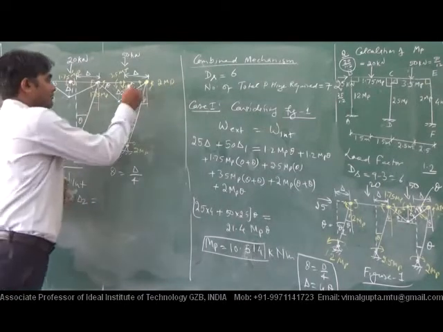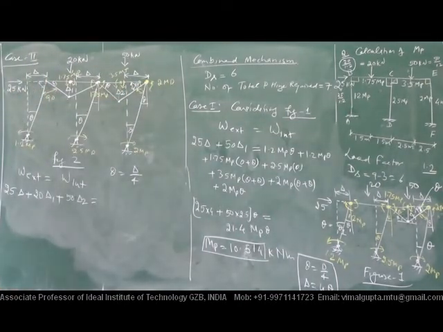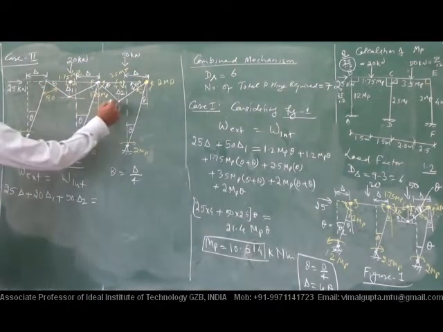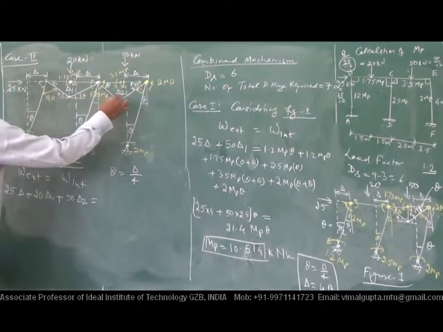Therefore, that value will also be theta. So the rotation at every joint has been mentioned here, and that value will also be theta. This will be theta, this will be theta.